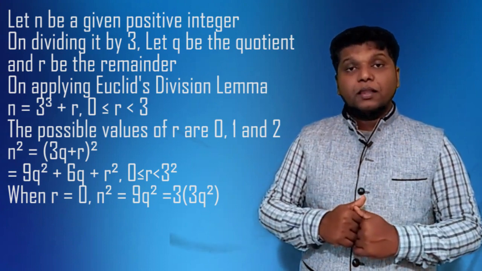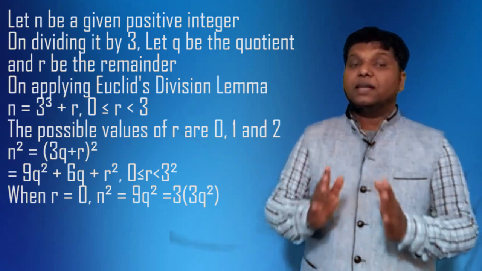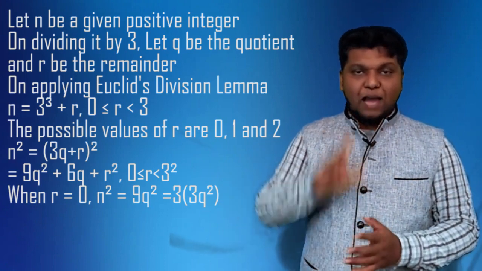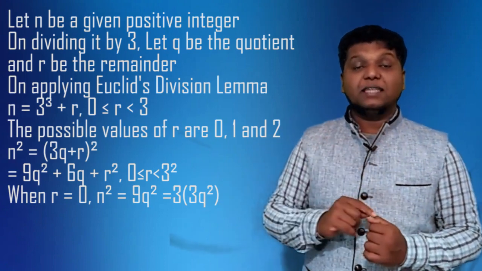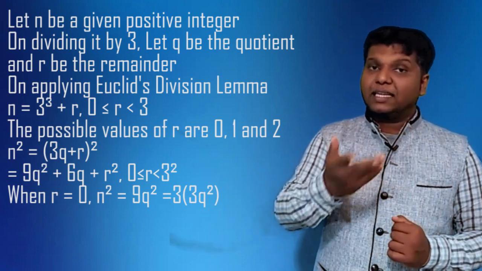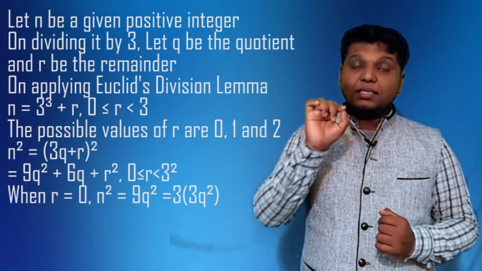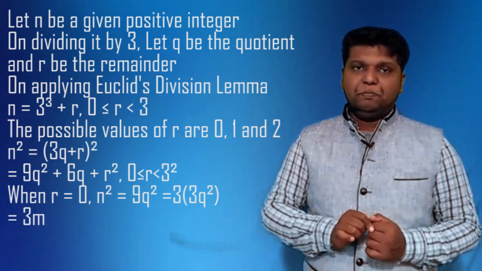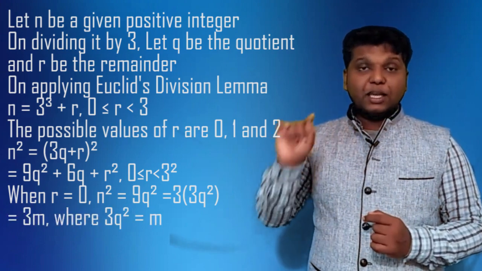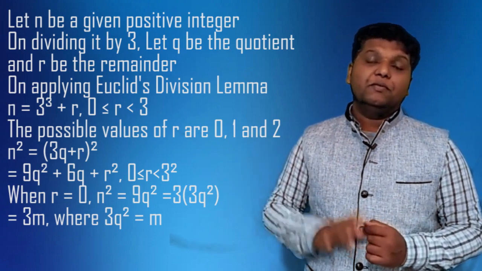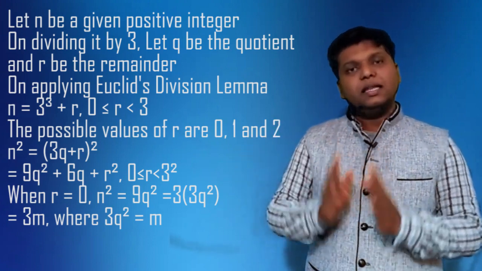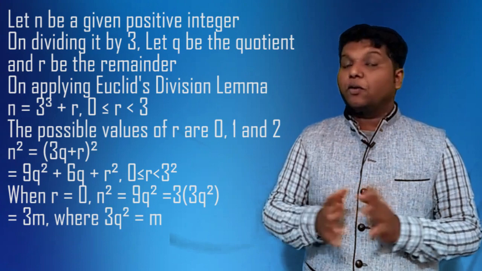That means all together 3q² is an integer. And in this question, for any integer, we take it as m. So we can conclude that n² = 3m, where 3q² = m. We are assuming that 3q² is an integer like that. So it's of the form 3m.